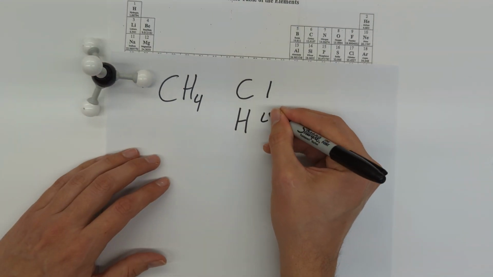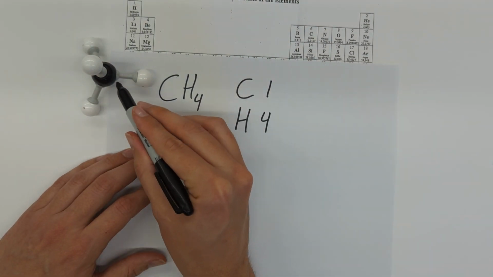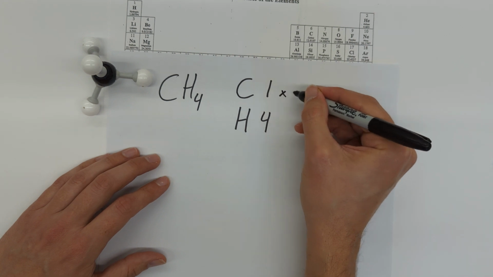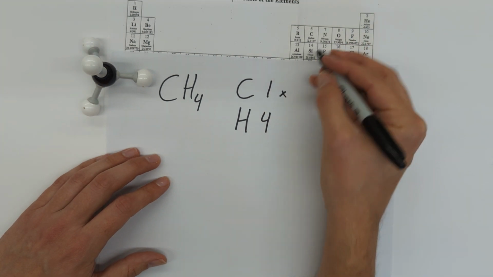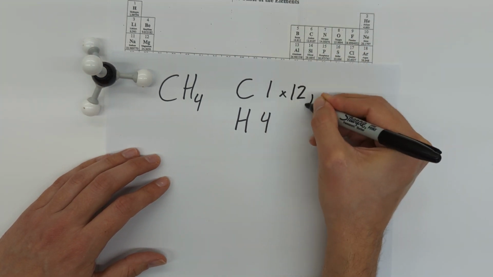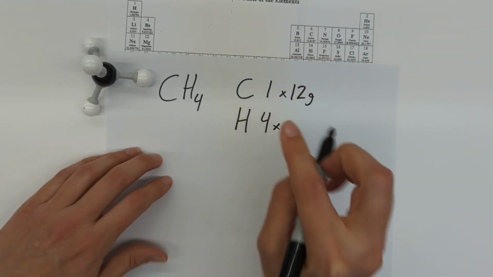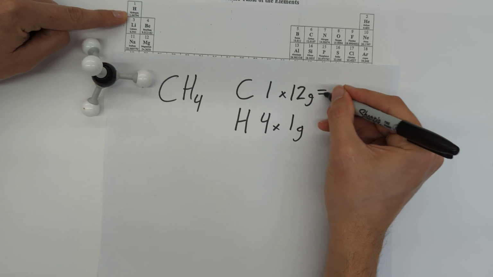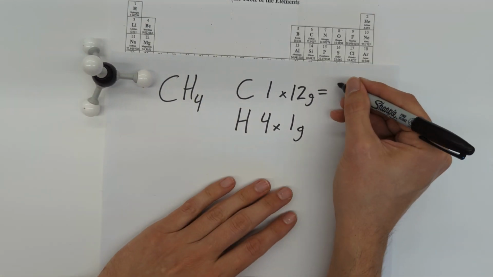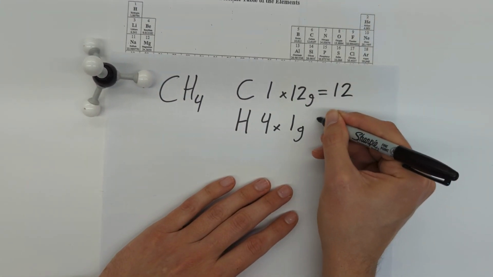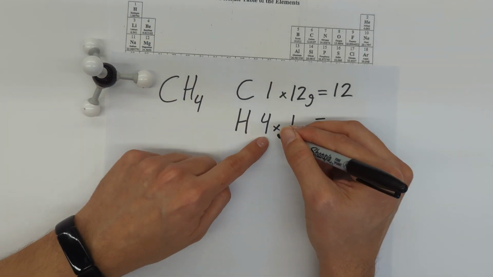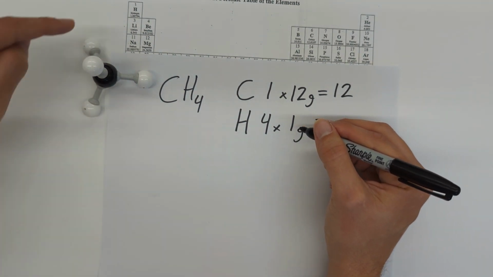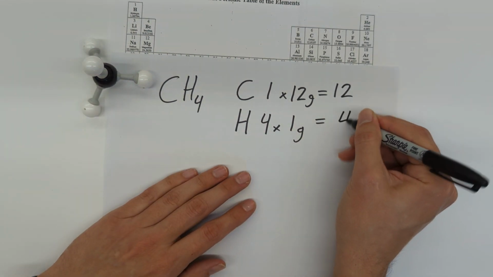If I look all around, the mass of my carbon would be right here. It's about 12 grams. And the mass of 1 hydrogen, we did this from the last problem, is 1 gram. So all of my carbon, because I only have one, would weigh 12 grams. And because I have 4 hydrogen, I've got to multiply it by 4. So that would be 4.